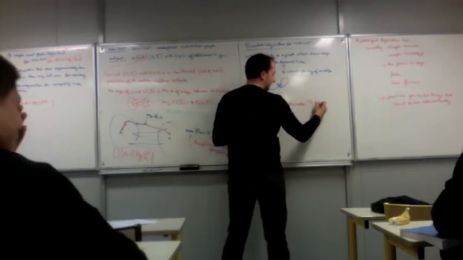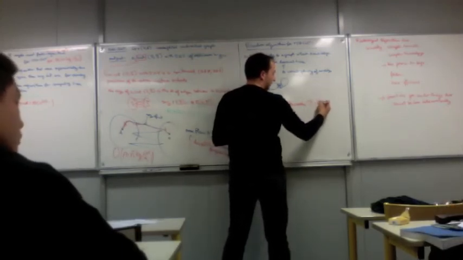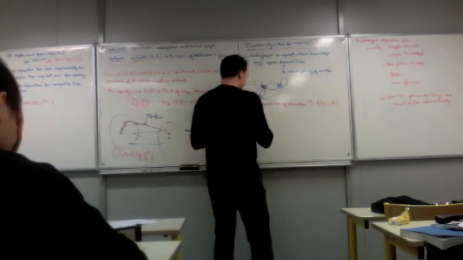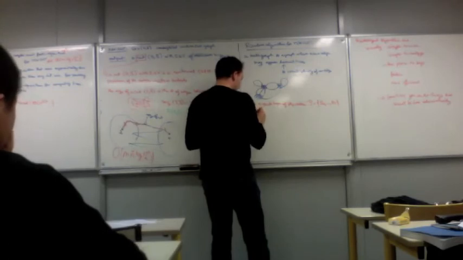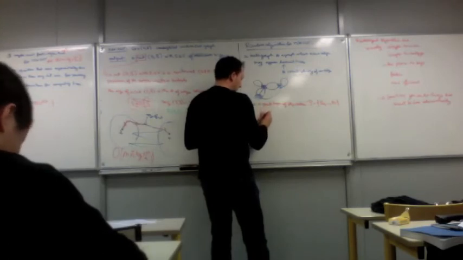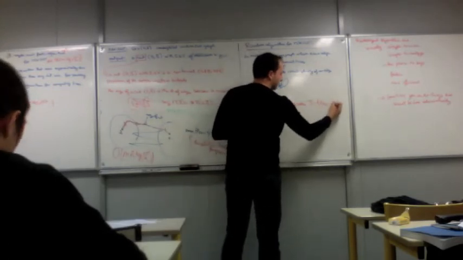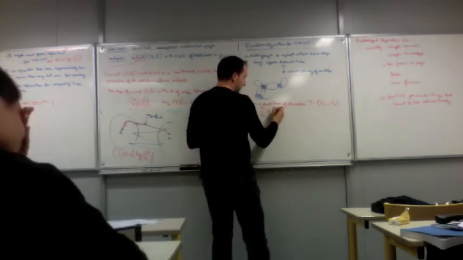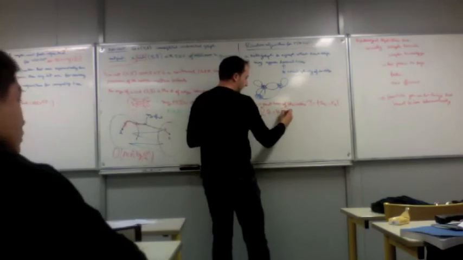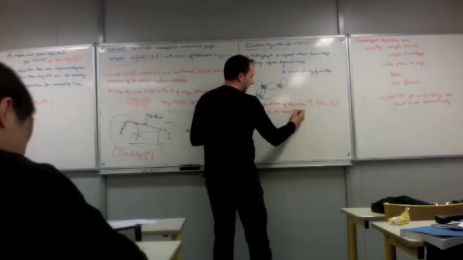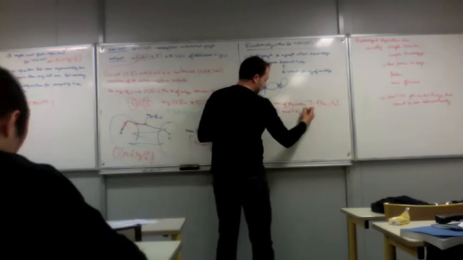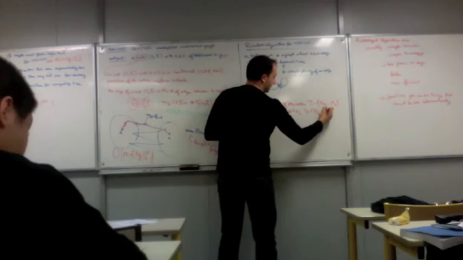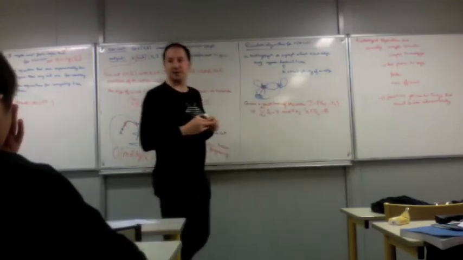It's a set of sets S1, ..., Sk such that the union of Si for i going from 1 to k is equal to V, and for all i different from j, the intersection of Si and Sj is empty. This is a partition.